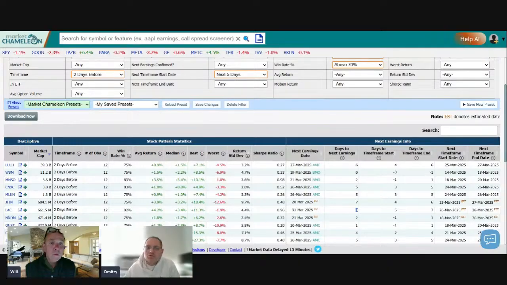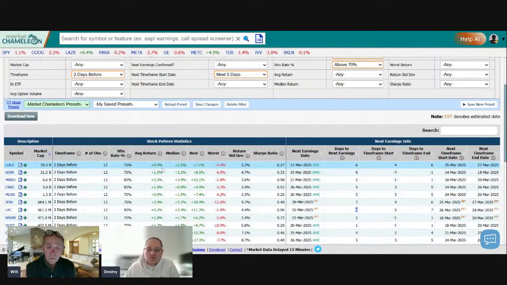And what this Sharpe Ratio here is doing is taking two metrics. One is the average return. So the average return in these 12 observations in Lulu was a positive 0.9%. So you had negatives in there, you have positives in there, so the stock could have been up 1%, down 1%, up 3%, down 5%.